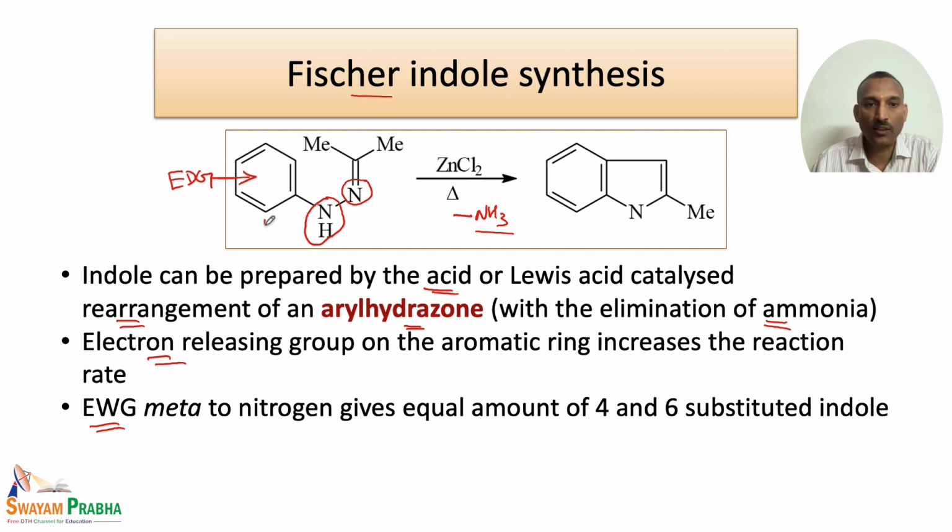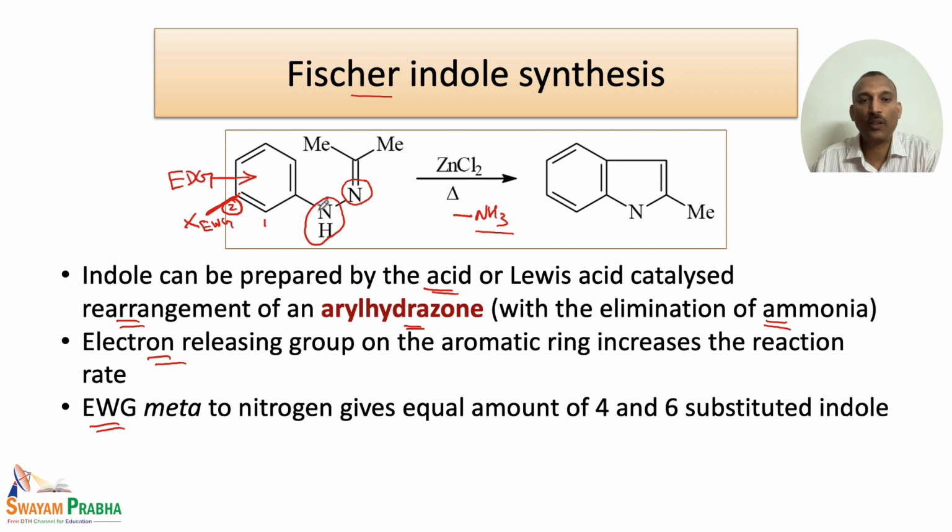Let us say this is 1 and this is 2. If a substituent is present on the second carbon, this is what is called the meta position. And when there is any electron withdrawing group present in this 2 position with respect to this hydrazone's nitrogen, then that is basically the aniline starting material.